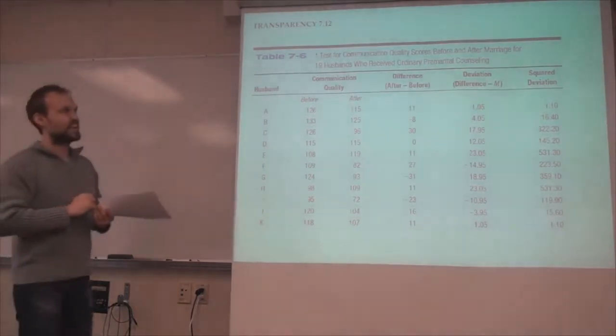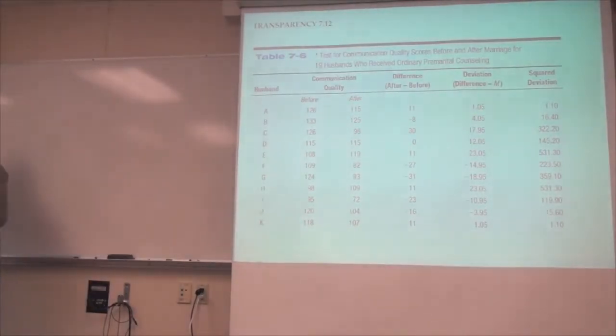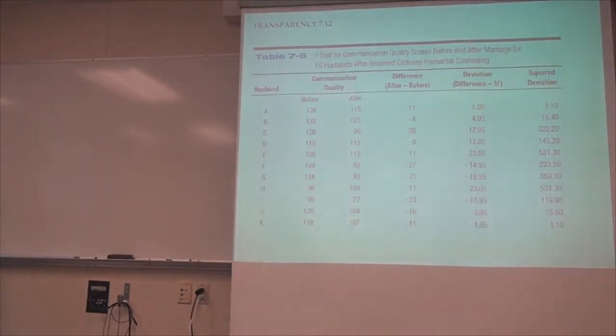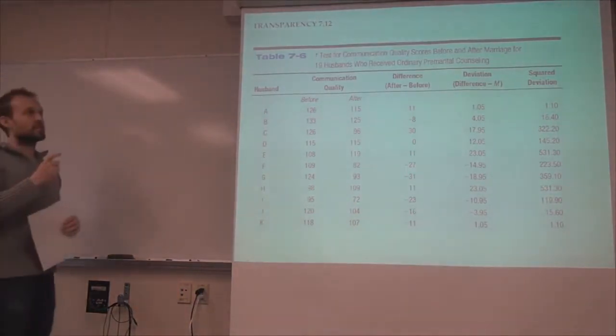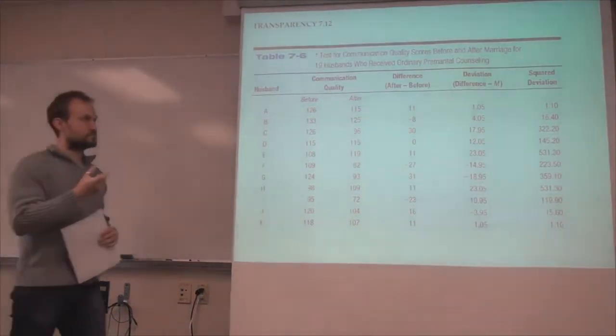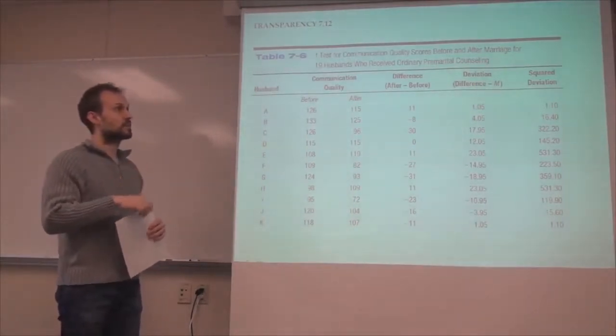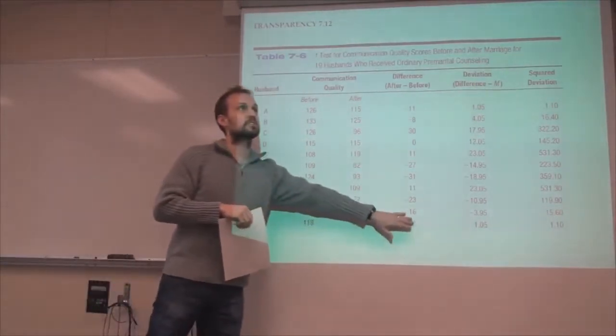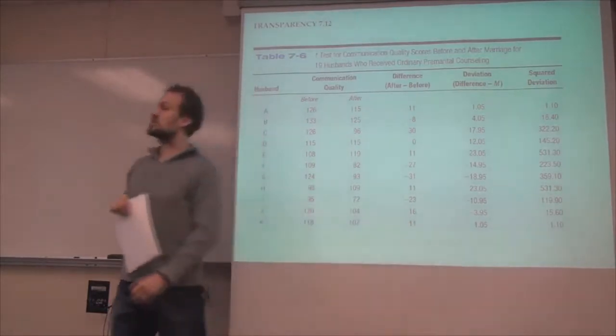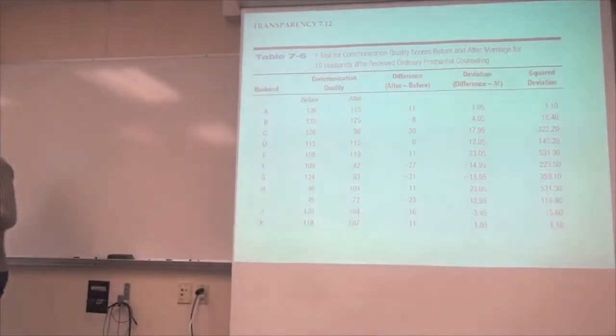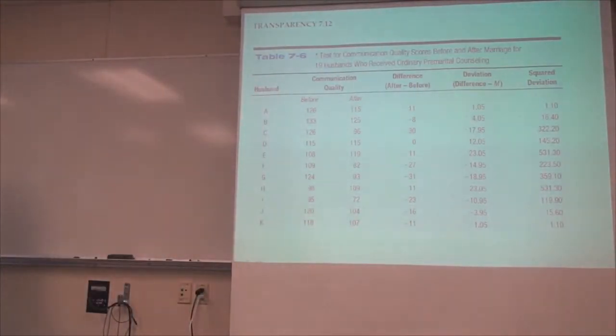Very close to yes. So the research hypothesis is what I'm hoping for, that there is a difference, so that the mean population difference is not zero. And my null hypothesis is that it is zero, that there's no change. So then I'm going to look at my sample. My sample is going to give me an average difference.